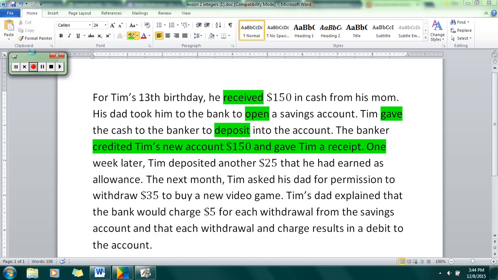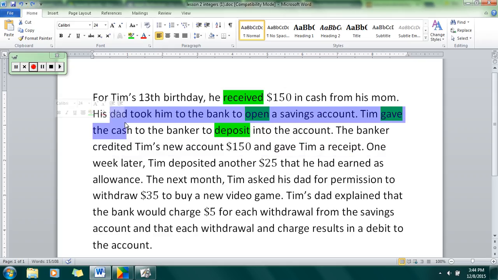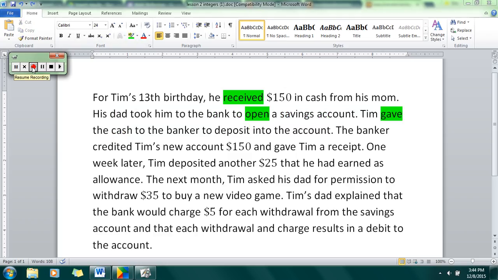Credited means that he's getting a certain amount of money, or being plus a certain amount of money in his account. That would be a positive.